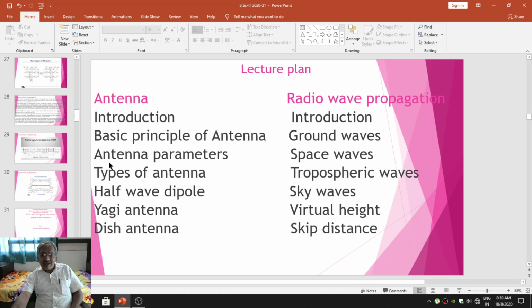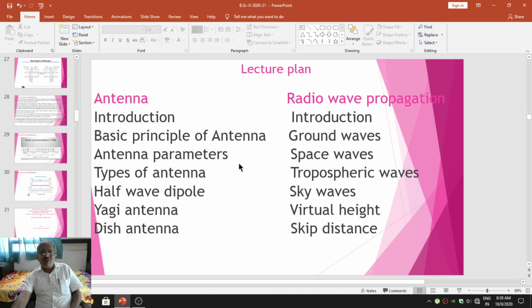Then what are the antenna parameters which are going to decide the performance or characteristics of the antenna, with which we are going to say that the antenna is going to act as a perfect transmitter and a perfect receiver.